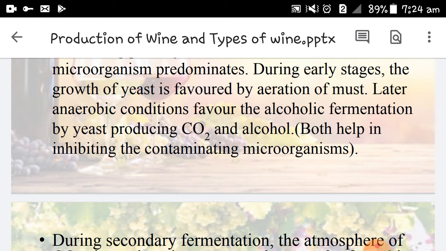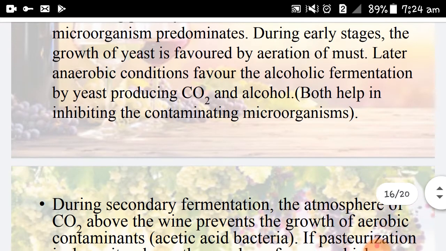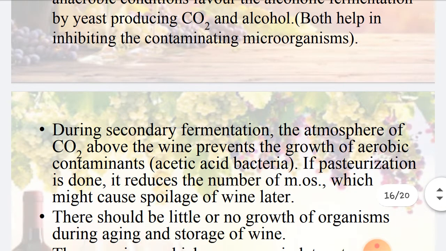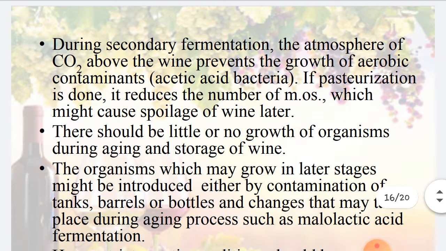Later on, when mixing and aeration is stopped, anaerobic conditions are created and they favor alcoholic fermentation, during which CO2 and alcohol are produced. So both alcohol and CO2 help in preventing the growth of contaminating microorganisms.